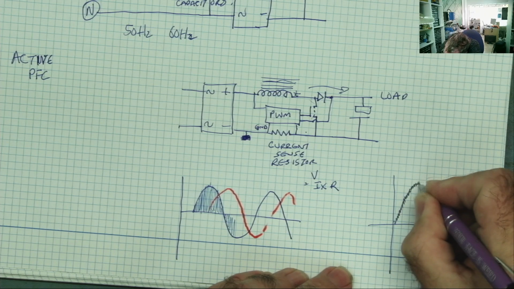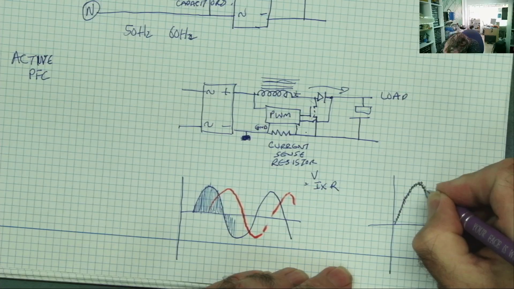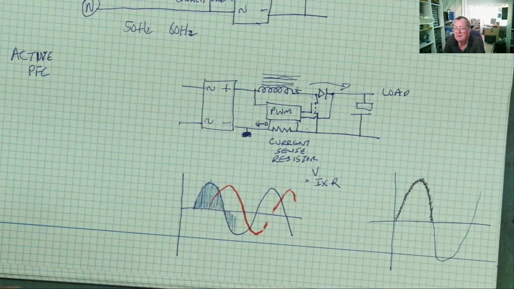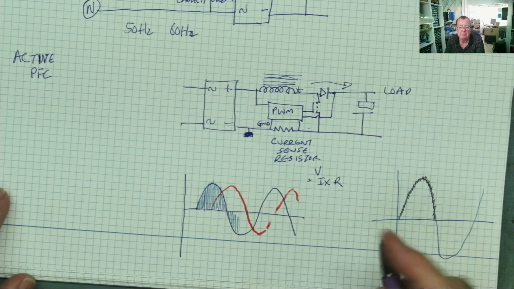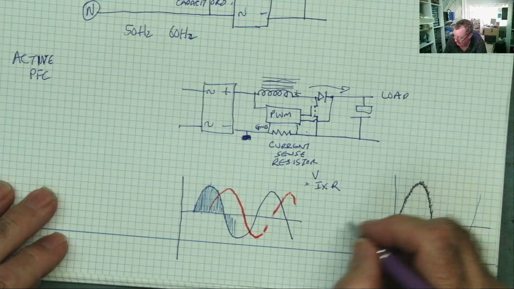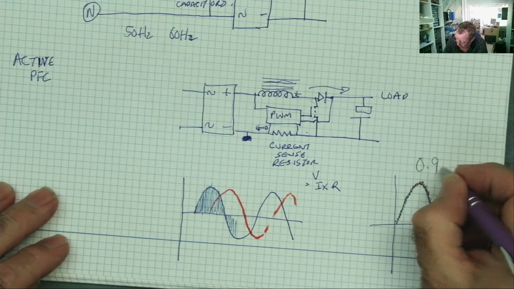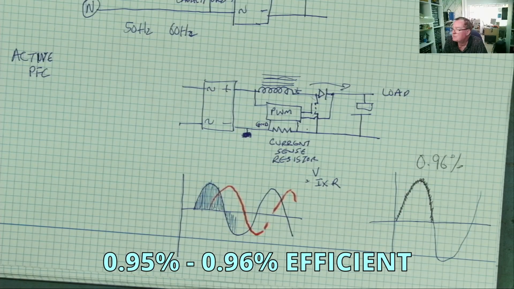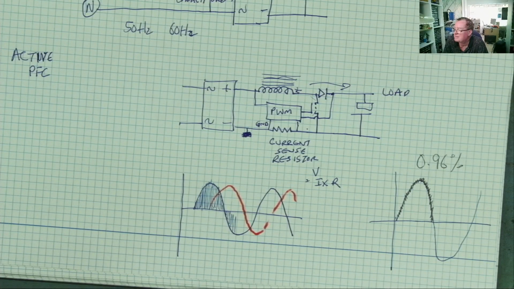You imagine like it's doing that hundreds of thousands of times a second. Okay, so the current is doing that, and what we basically get is an extremely close approximation between the voltage and the current waveform, and the efficiency, as I said, is about 0.96 maximum. Okay, so that's what the active PFC is actually doing.